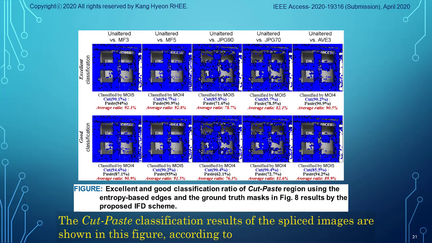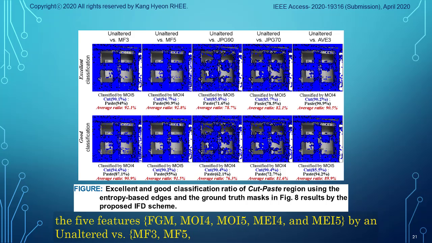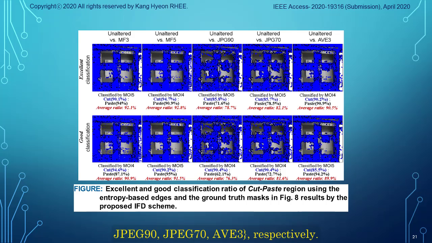The cut-paste classification results of the spliced images are shown in this figure, according to the 5 features FGM, MOI4, MOI5, MEI4, and MEI5, for an unaltered image versus a median filtering 3x3, a median filtering 5x5, JPEG compression by a quality factor 90, JPEG compression by a quality factor 70, and an average filtering 3x3, respectively.